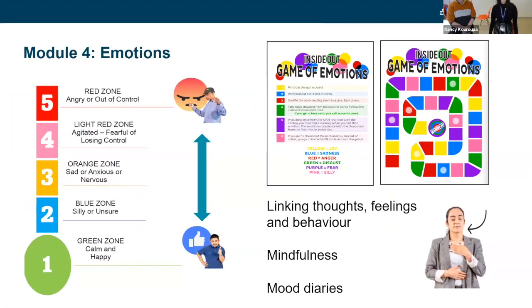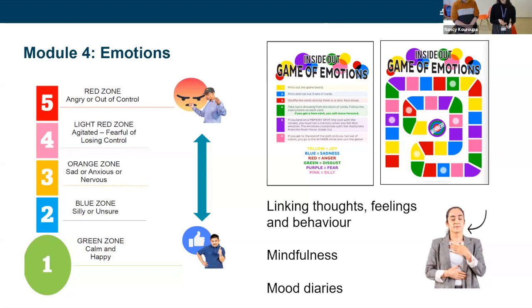The next module is about emotional regulation. This is for the person with a learning disability, usually on their own if they're able to. So we've made it very colourful, very engaging with the games, and it's about thinking about different emotions, being able to identify and label different emotions, and being able to express them.